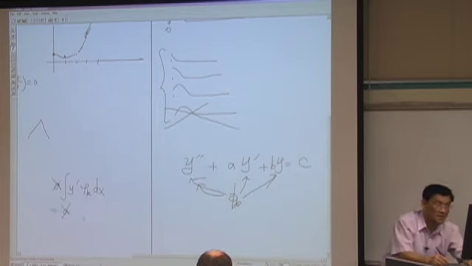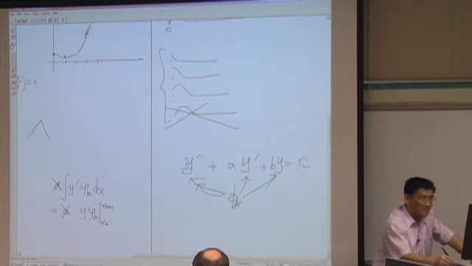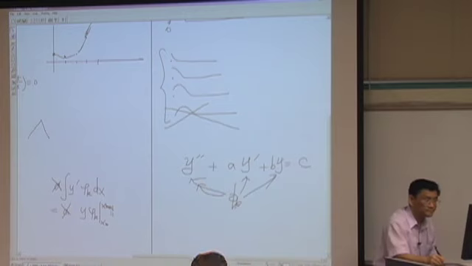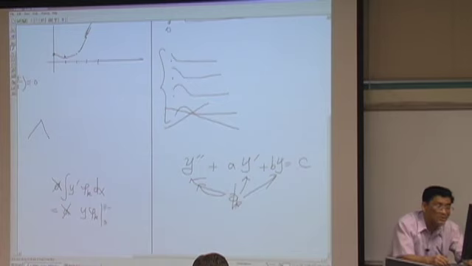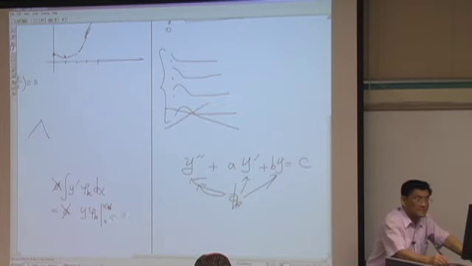Just consider this thing: y pk from x0 to xn, capital N, minus y times p prime k from x0 to xn.